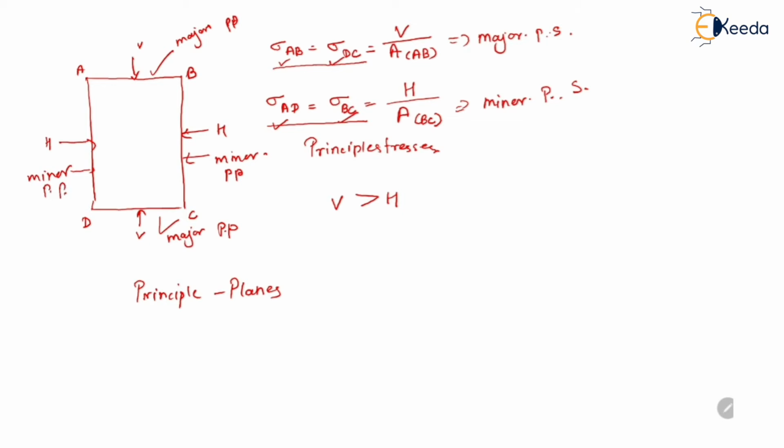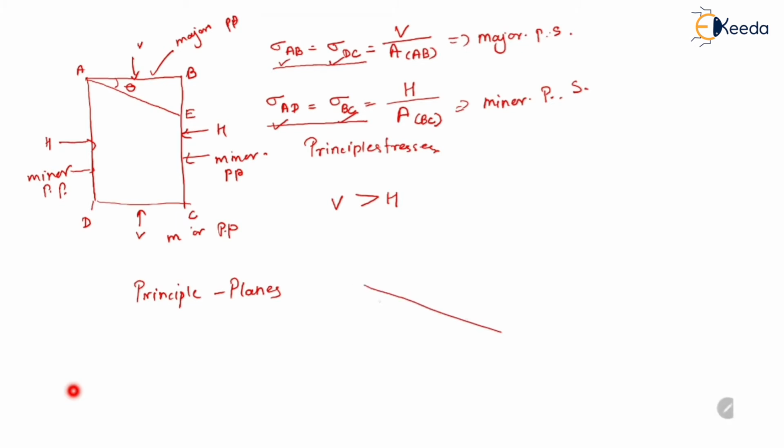Now let us consider a surface AE which is inclined at an angle theta. We want to find the stresses acting on this plane AE. So let me draw the enlarged view of this surface.